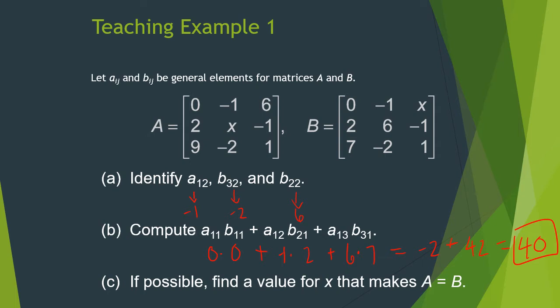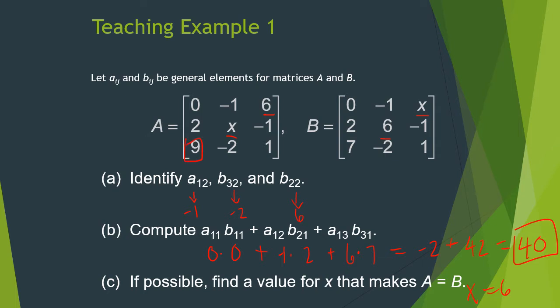It says find a value for x that makes A equal to B. If I wanted these to be equal, what would x have to be? Look at the locations they're in. X would clearly be 6. Oh, wait, sorry.